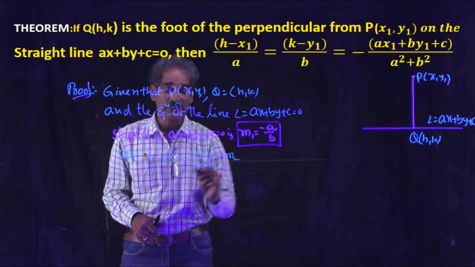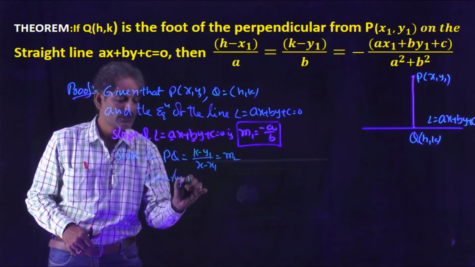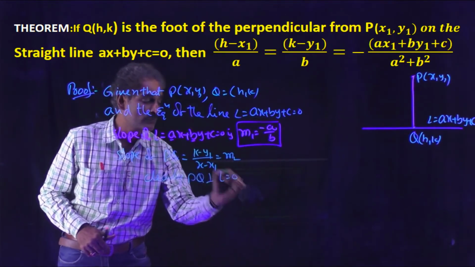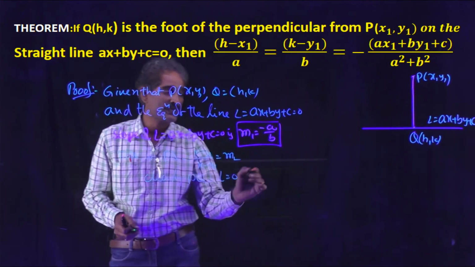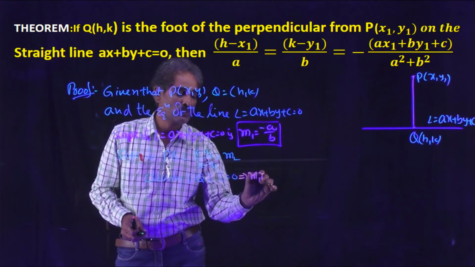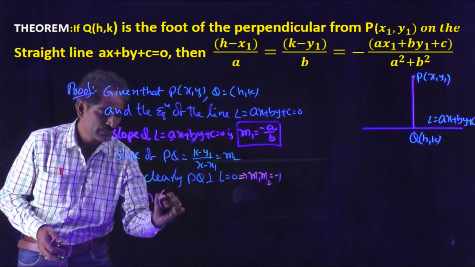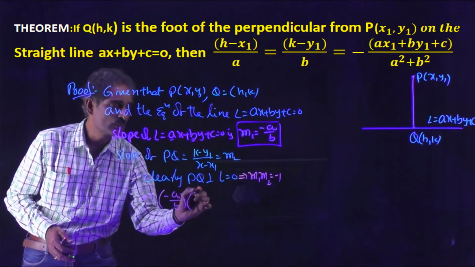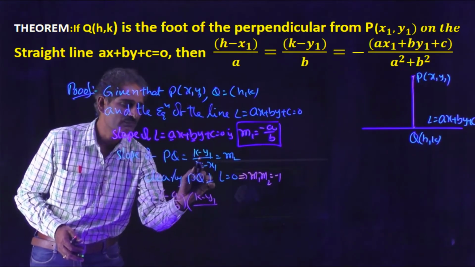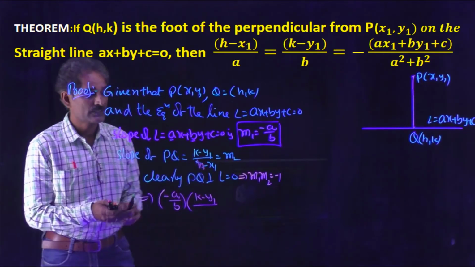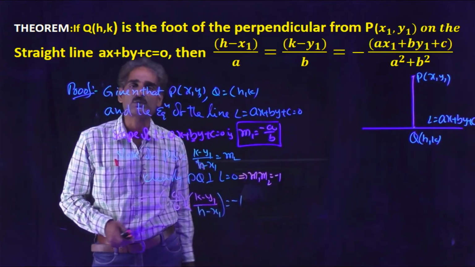Okay, so clearly PQ is perpendicular to L. Therefore the product of slopes m1 m2 = -1. This implies, what is m1? (-a/b) into (k - y1)/(h - x1) = -1.